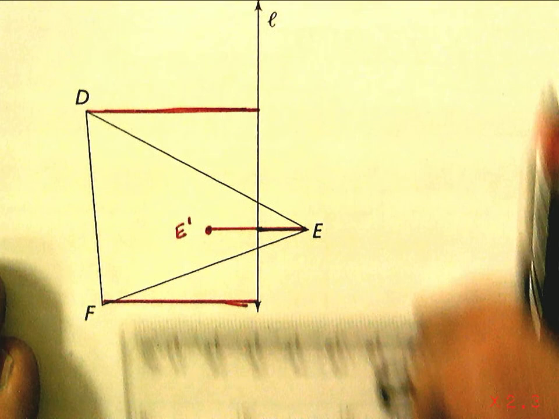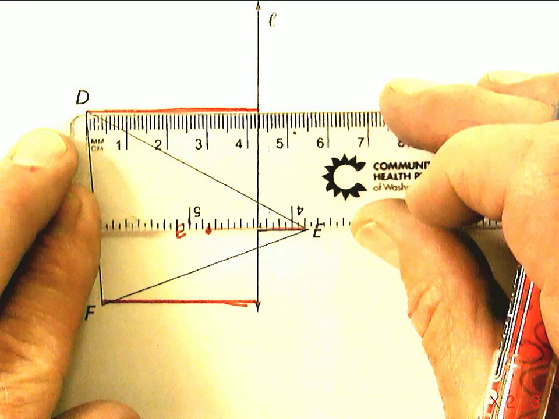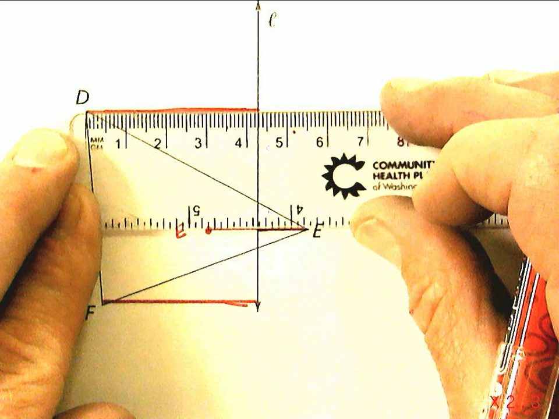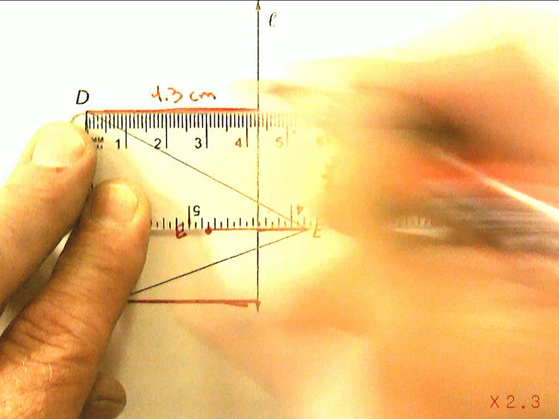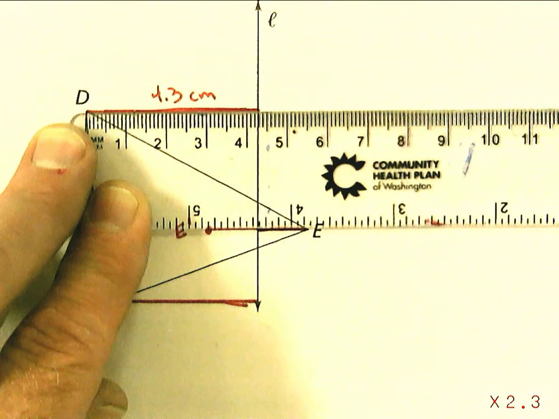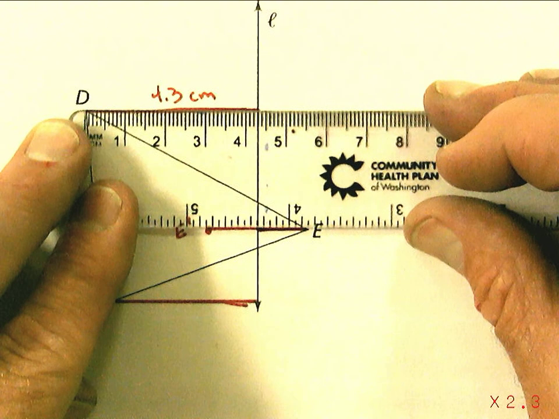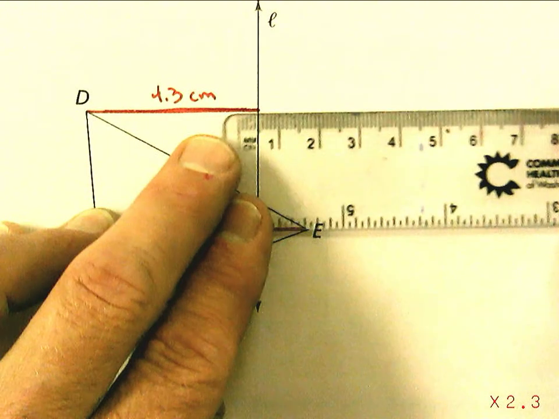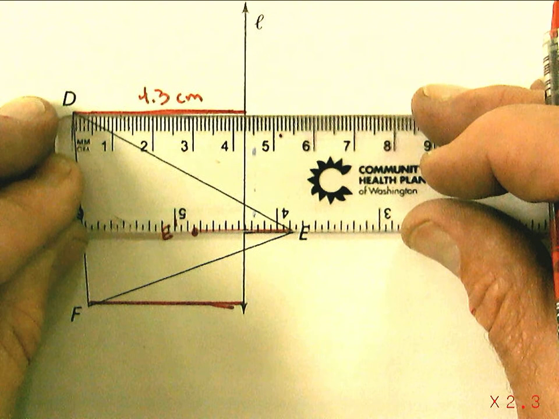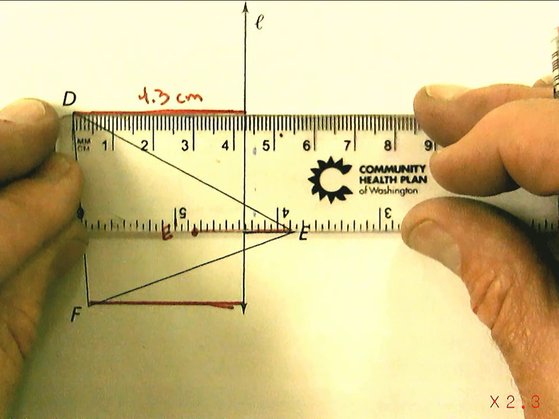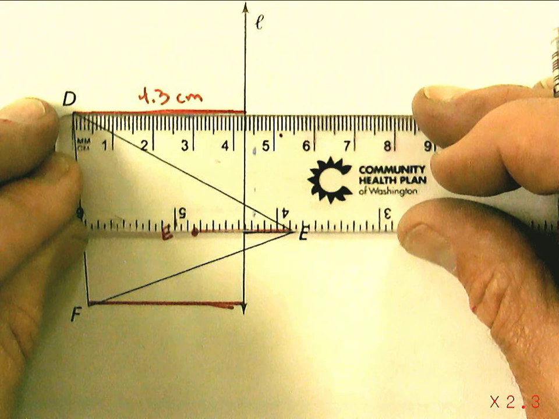And when I go to copy D, I need to find this distance, which looks like it's 4.3 centimeters from the line of reflection. And so on the other side of that, I'm going to go out 4.3 centimeters, which, in order to make sure I keep this as a straight line, if I take 4.3 plus another 4.3, that's 8.6.